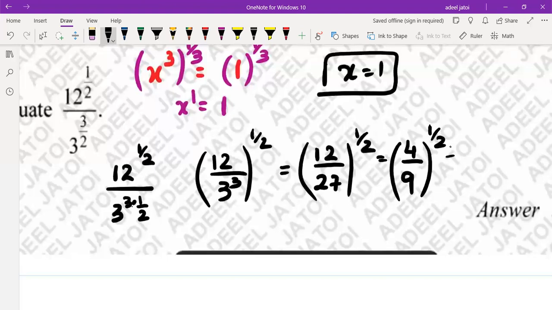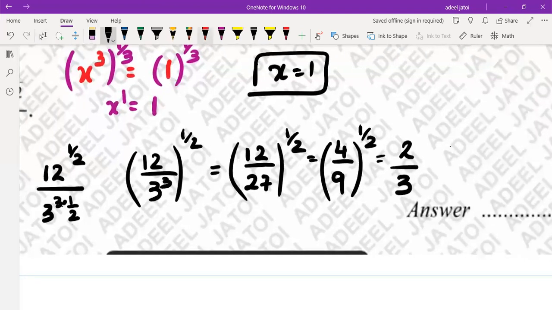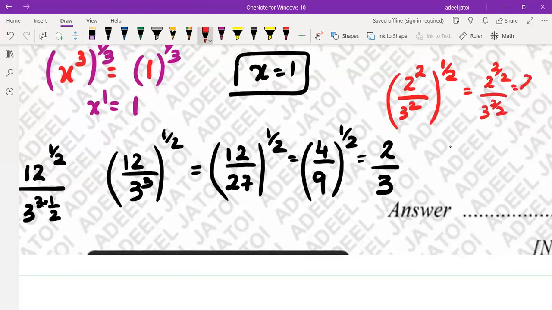Under root 4 is 2 and under root 9 is 3. Or we can always solve this through the indices method. That means 2 square, this should be 3 square, and 1 upon 2 should be on the power. That means 2 to the power 2 upon 2, 3 to the power 2 upon 2, and this can be written as 2 upon 3. So the answer for this question is 2 upon 3.